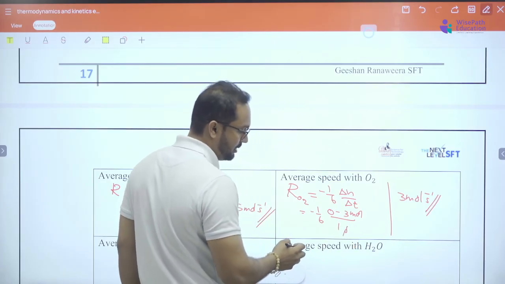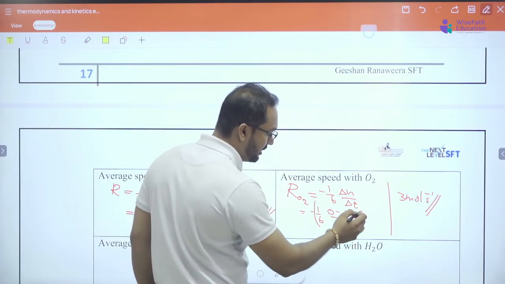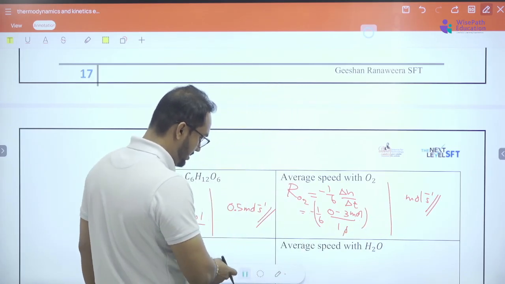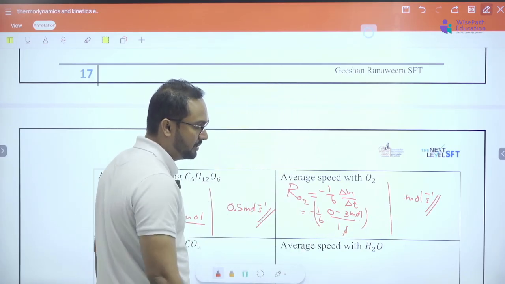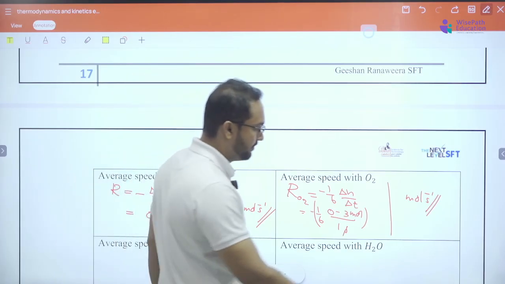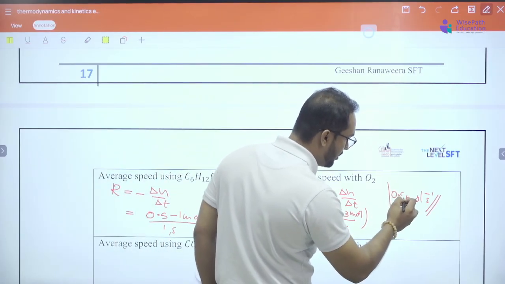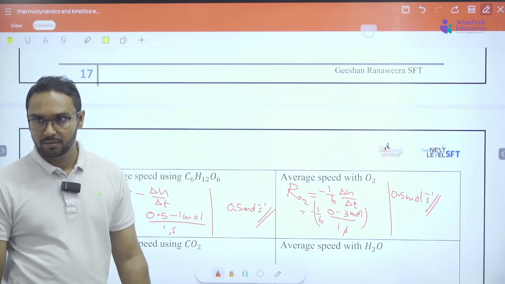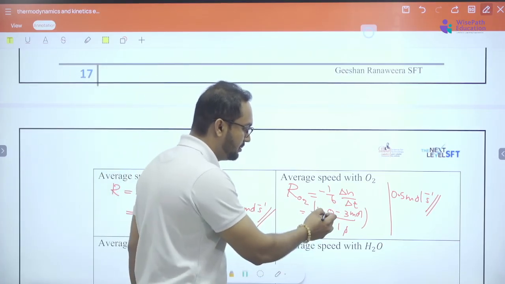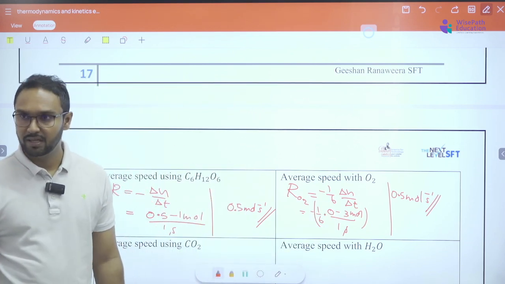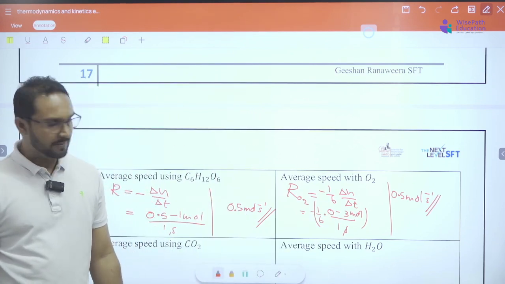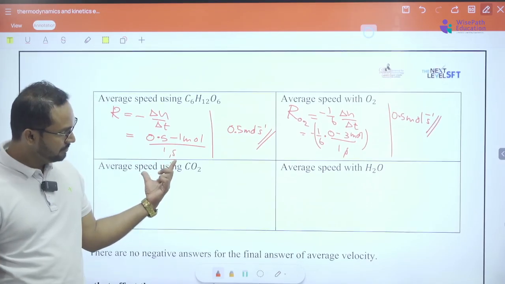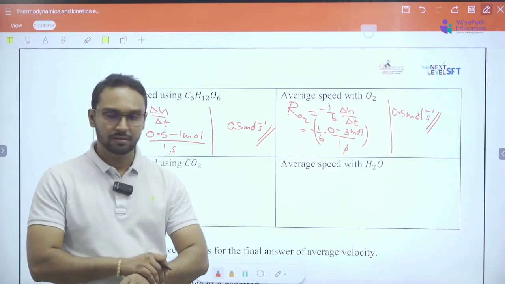When you simplify this, what is the final answer? No, 3 over 6, that is 0.5. It's 1 over 6 into, this is enough. Multiplication is what's here. So that is 0.5. Right?